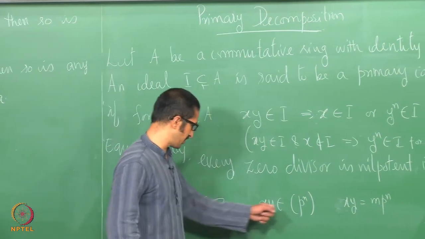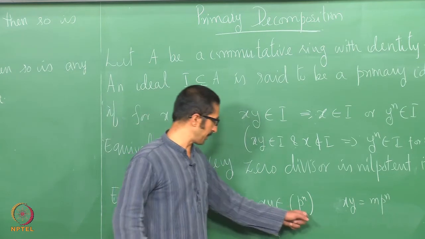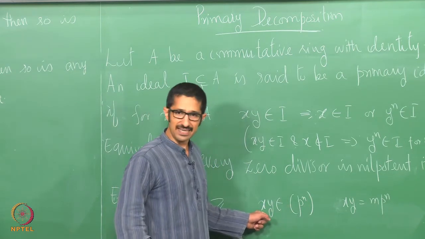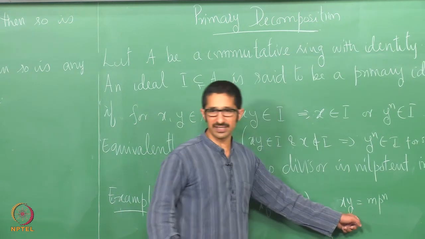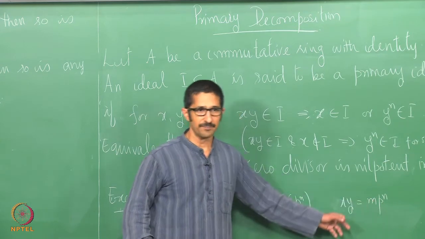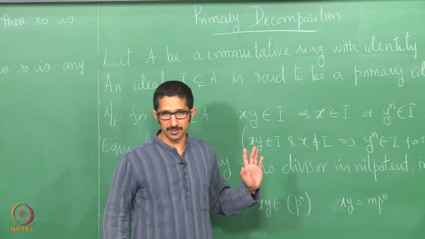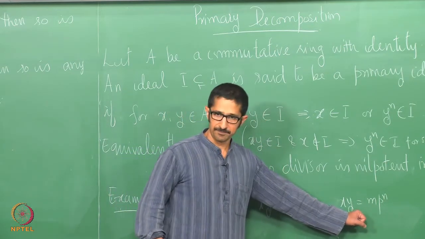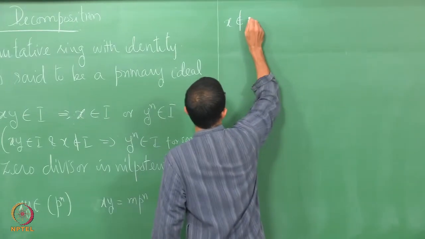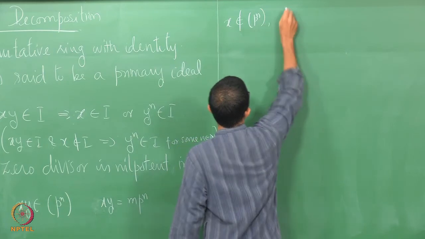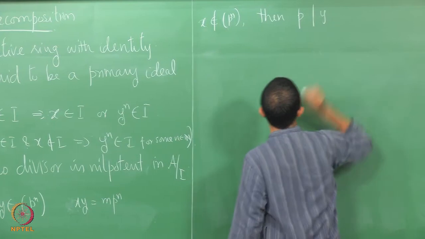So if x is not in p power n, that means p power n does not divide x, so p will divide y, and some power of p has to divide y. Okay. If x is not in p power n, then a power of p divides y.